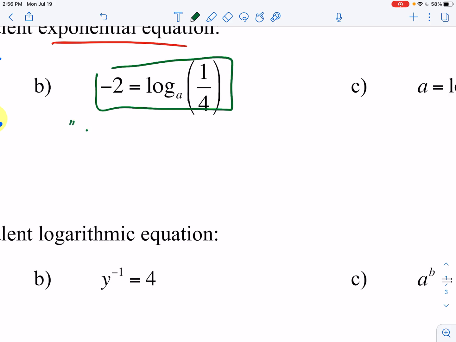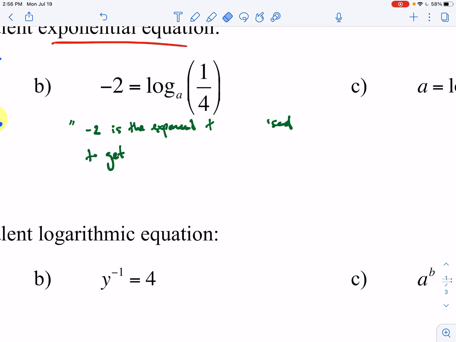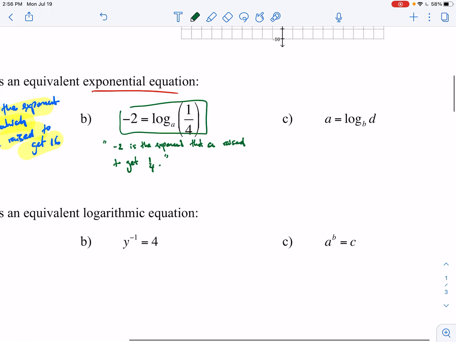What this means is that -2 is the exponent that a, which is the base, is raised to get 1/4. Okay, so now we'll rewrite that part. We say, what that means is -2 is the exponent that a is raised to get 1/4. So a must be raised to -2 to get 1/4, and so that's what we are doing there.